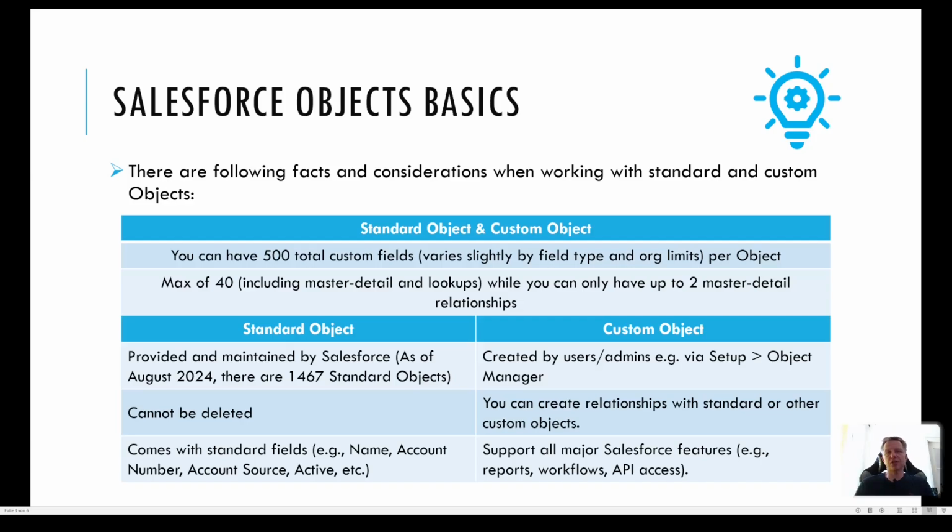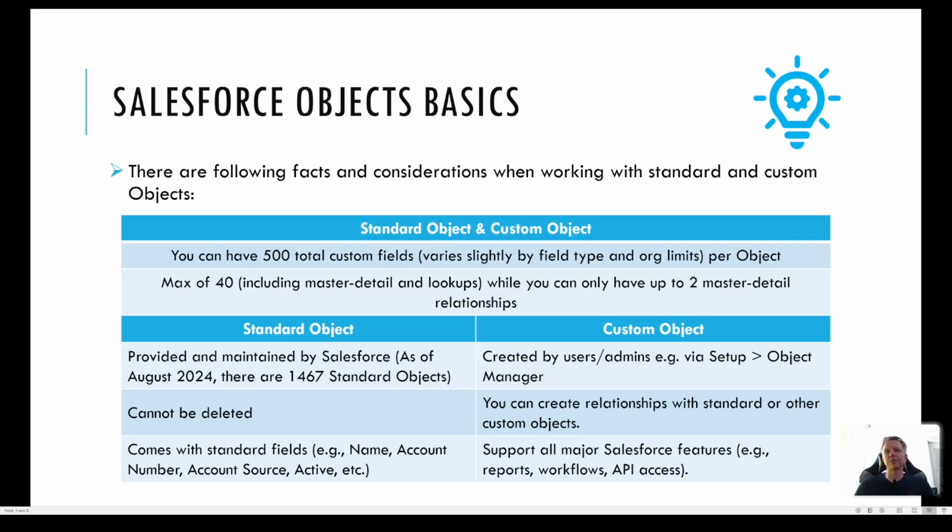A custom object, on the other hand, is something you create by yourself, an admin, developer, consultant, architect, every person who has access and the permission to enter Setup and the Object Manager and hit the button to create a new object. It can create relationships with other standard or custom objects, and it supports all major Salesforce features like reports, workflows, API access.